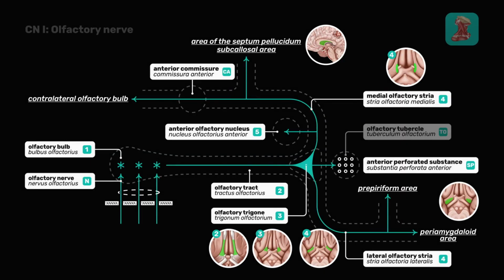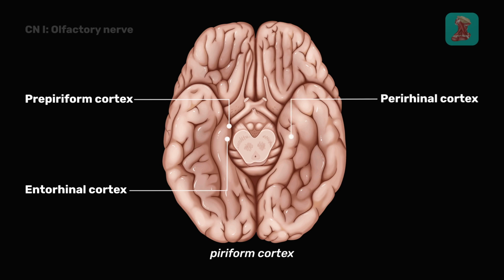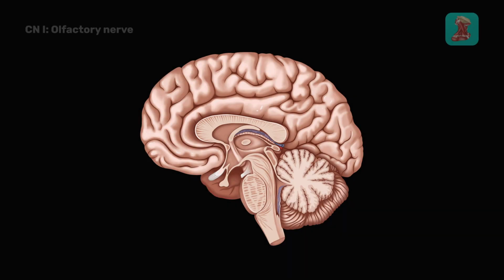Moreover, some axons of the olfactory tract end up in the so-called olfactory tubercle, which is located on the anterior perforated substance. In addition, there is the term piriform cortex, which also includes the secondary olfactory areas, namely the entorhinal cortex, the perirhinal cortex, and the more posterior part of the parahippocampal gyrus. From the primary olfactory cortex, information about smell is sent to the various anatomical structures of the brain, especially into the structures of the limbic system.